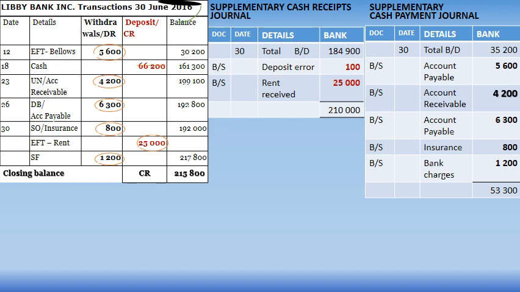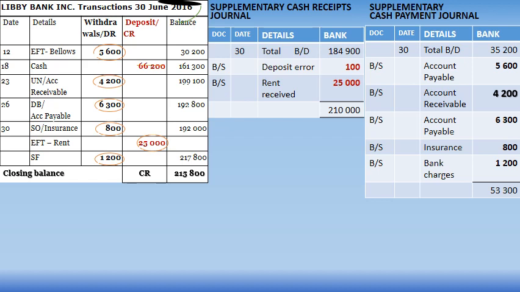Show it in the CPJ as accounts payable, amount 5,600. The next entry is a dishonored check that was received from a debtor, which must be reversed in our books. This check was initially recorded in the CRJ. To reverse it, we will record it in the CPJ, show it as accounts receivable, amount 4,200. We are reversing the amount that was deposited.